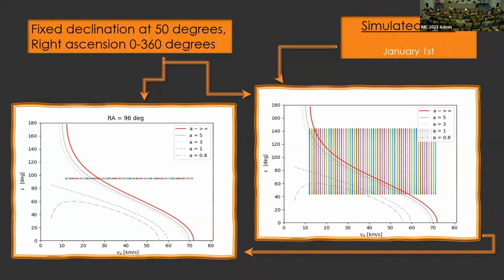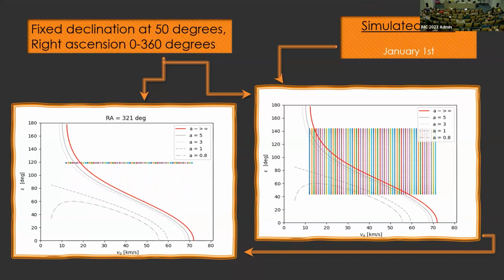Now it's a little bit hard to imagine how the right ascension and the declination change when the elongation changes. So I prepared a few GIFs. On the left side, we have a GIF for a fixed declination of 50 degrees, and the right ascension is changing, and the elongation is changing with it.